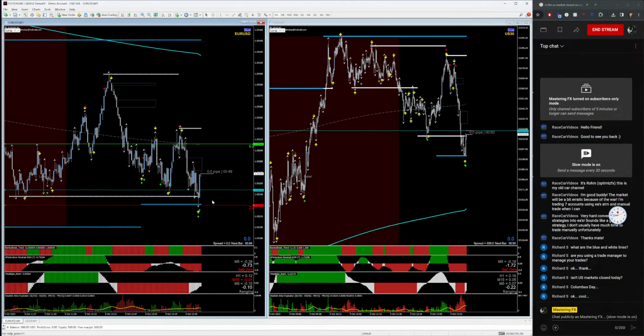Yeah, and if I don't get an entry with my entry model, then I'm using ICT's model. That's why we have the fair value gap indicator on the charts as well. So here we get the yellow arrow and green arrow on this candle. However, this was still red, so that's not valid for me.